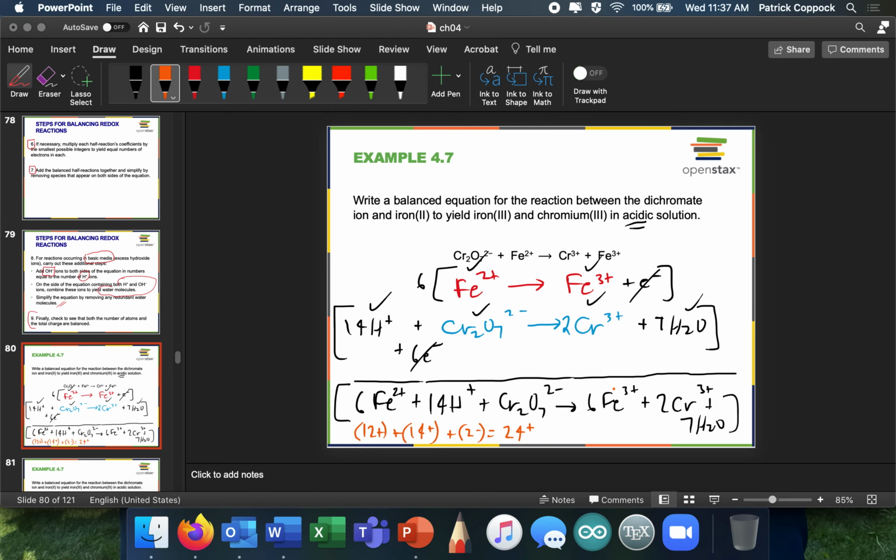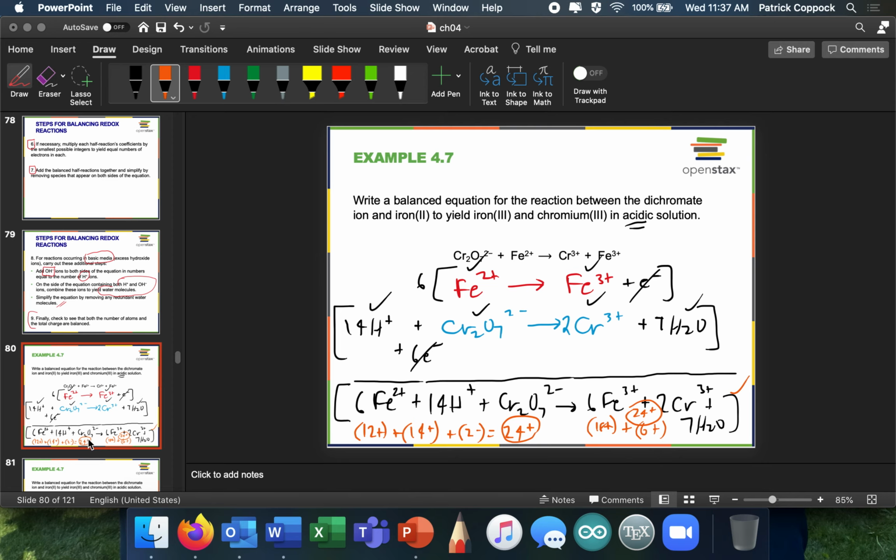Okay, what about this side over here? 6 times 3 is 18 pluses. Plus 6 pluses gives me 24 pluses. 24 and 24. This is correct, folks, okay?